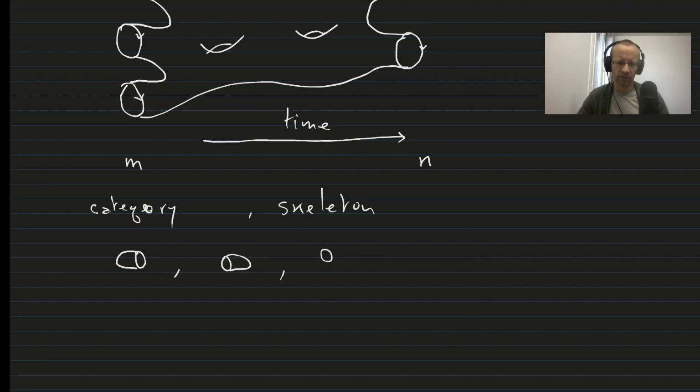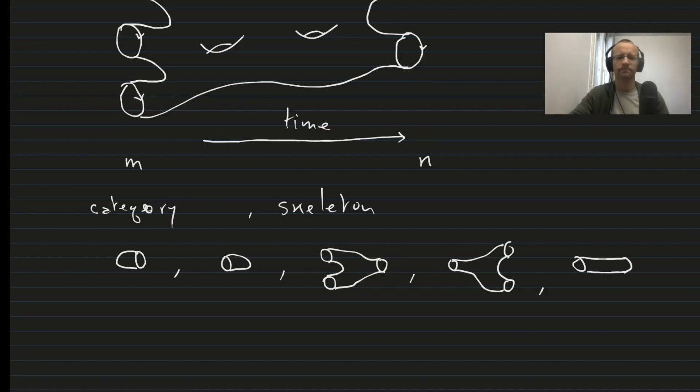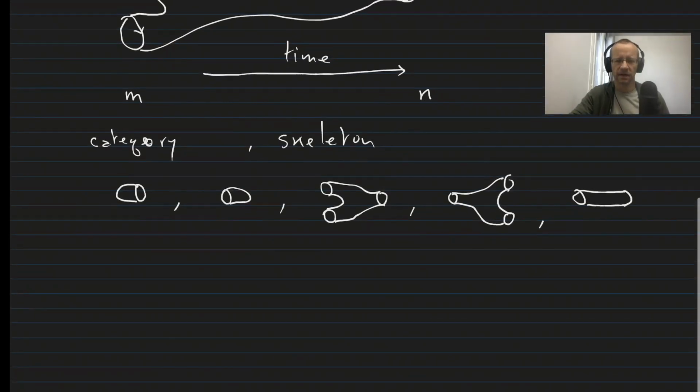Or we go from 2 circles on the left to 1 circle on the right, or vice versa. Or we just propagate 1 circle. This is the skeleton. So this is all we need to build all manifolds.